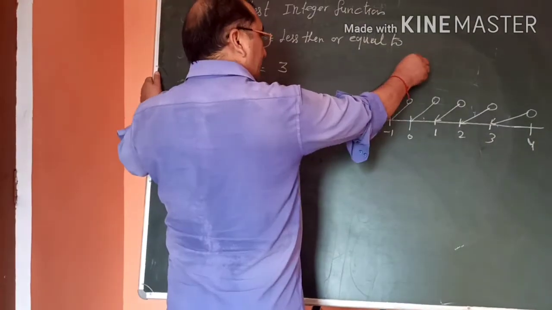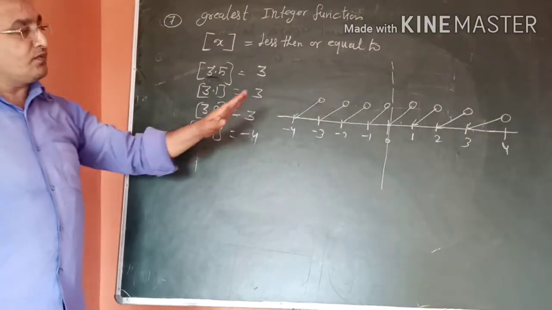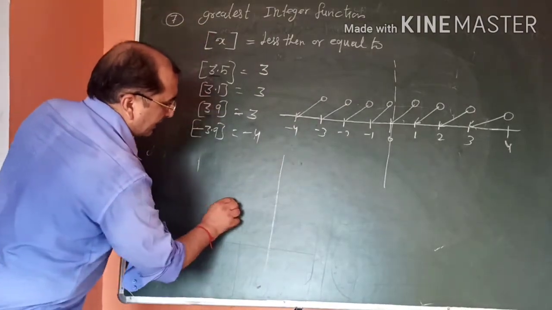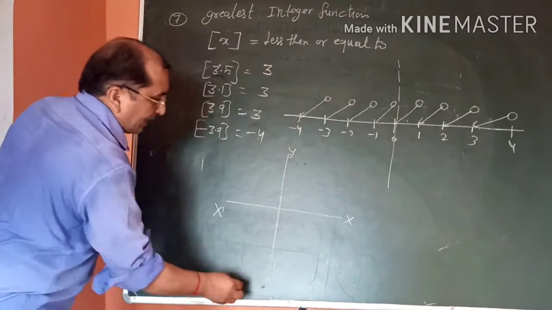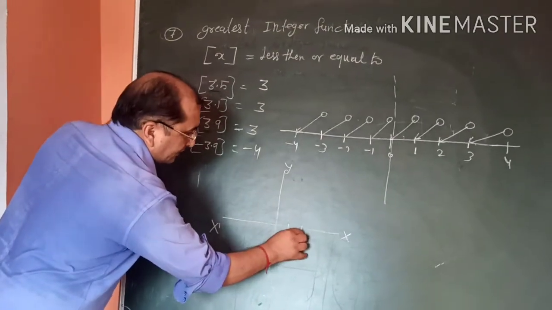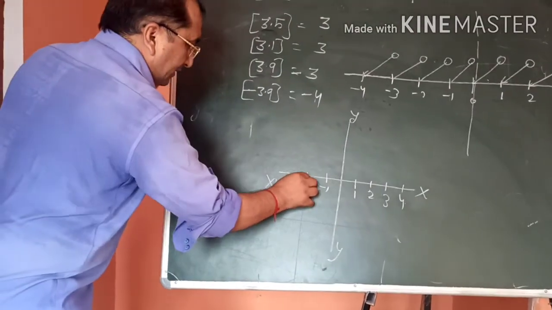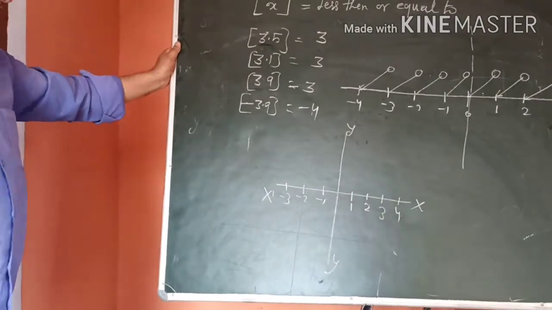And this is the number line system. Suppose we want to represent these things in a 2D axis. 2D means the x and y plane, x axis, and this is the y axis. Suppose this is 1, this is 2, this is 3, 4, minus 1, minus 2, minus 3, minus 4, and so on.